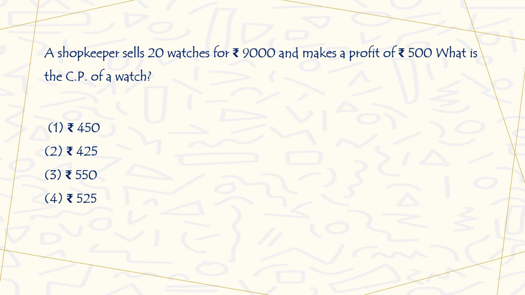We know that there are 20 watches and he has sold them for rupees 9,000 and he is making a profit of rupees 500 also. So first, you have to understand the formula which you're going to use here, and then you can easily solve the sum and get the correct alternative. I'll give you a few minutes to solve this sum and check the correct alternative.